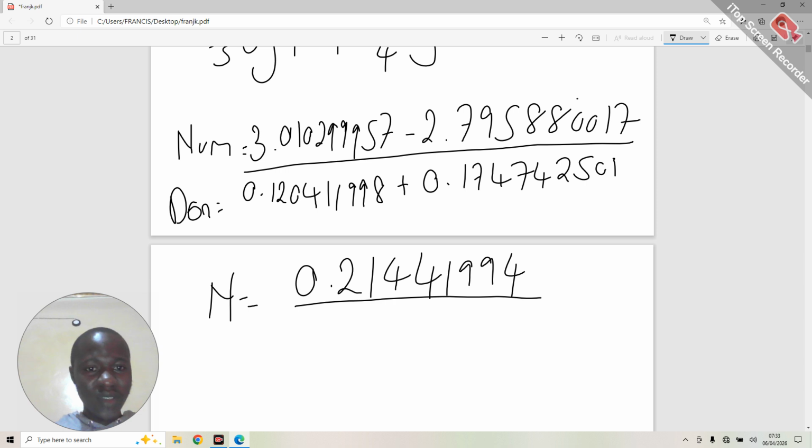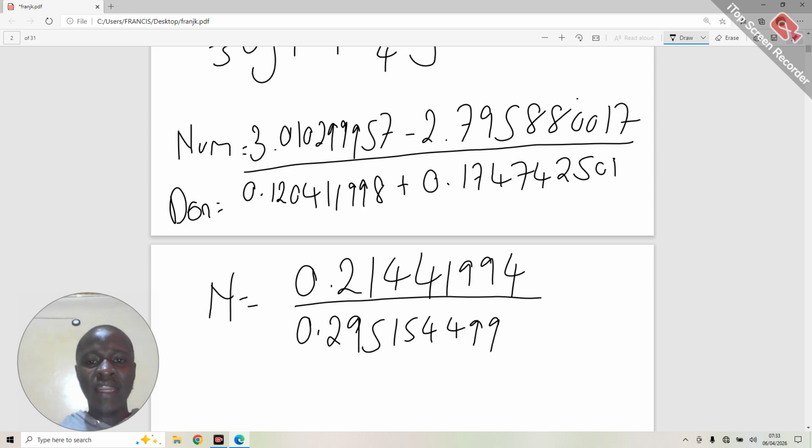Now 0.120411998 plus 0.17474250, and we shall have 0.295154499.